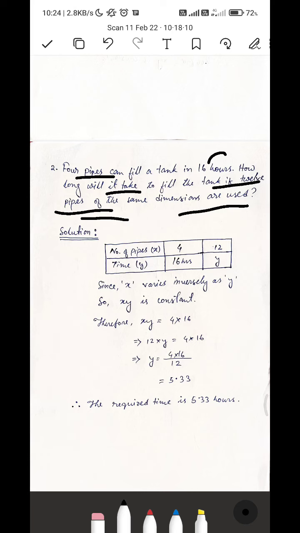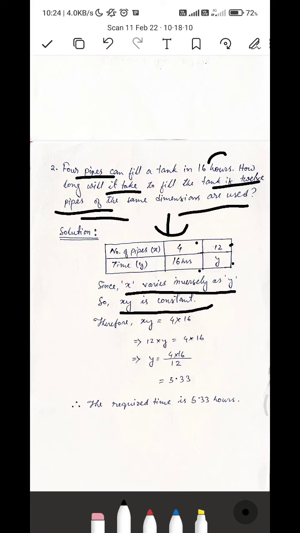So we have just made this table from the question. Number of pipes is 4, so time taken is 16. Now in the second part we have 12 pipes. We will have to calculate the number of hours or time, which we have taken as y. Since x varies inversely as y, xy is our constant.